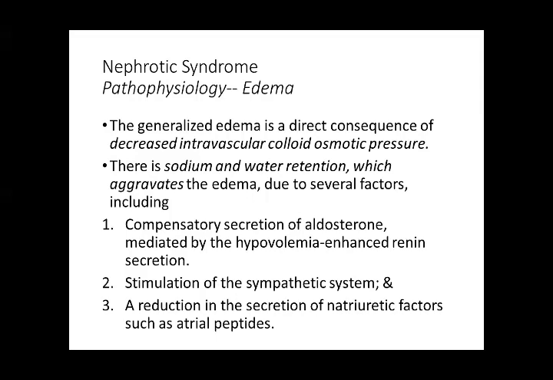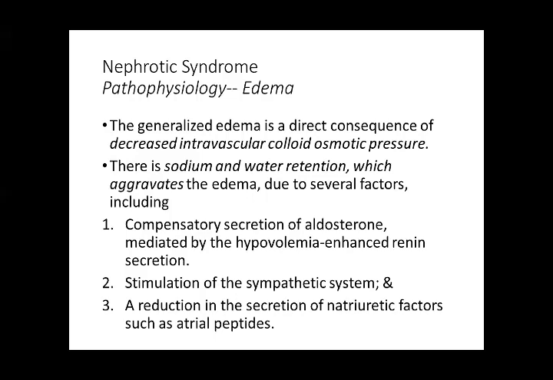And when there is reduced colloid osmotic pressure, what do you think it can cause? It will trigger the body system to maintain the vascular volume and throw certain hormones in the blood that will compensate for the hypovolemia caused by the loss of selective or non-selective proteinuria.